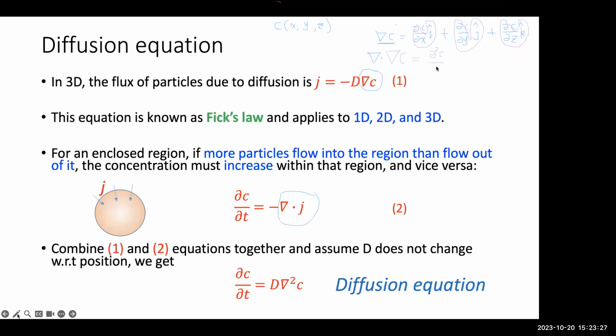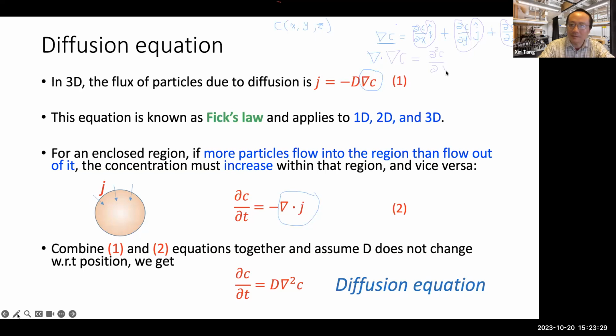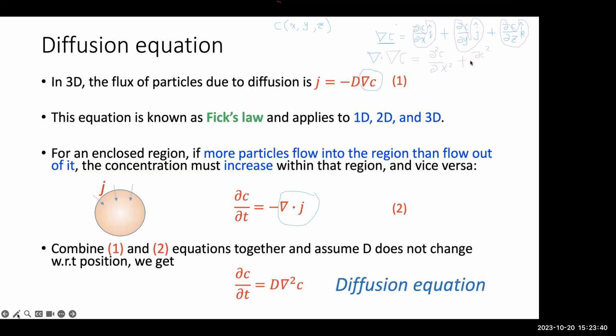Right. So that is this one, partial c. Okay. And in this case, squaring it removes any negative values.